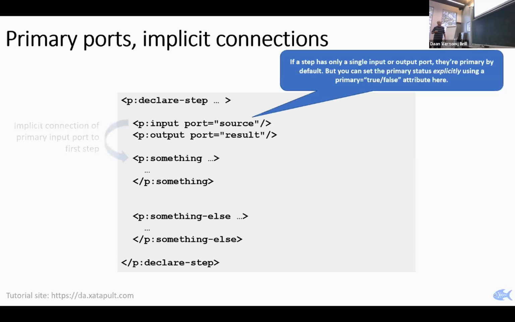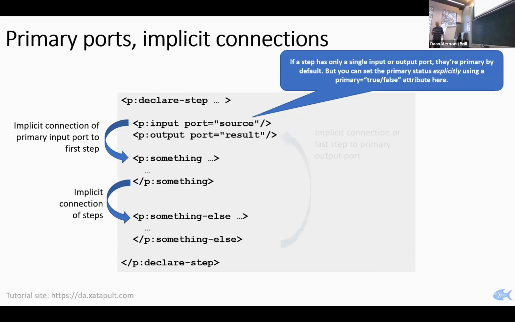The first thing is, because of the whole primary port idea, what flows into your pipeline through the primary input port automatically flows to the input port of the first step in your pipeline. And from there, by implicit connection, it flows to your next one.